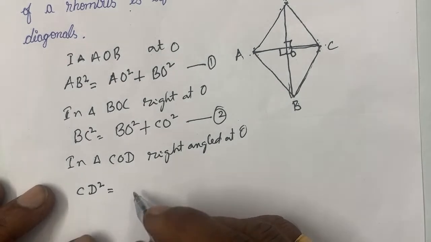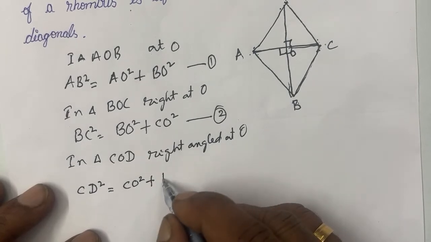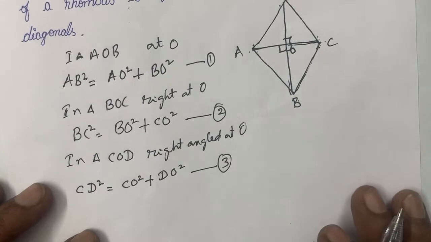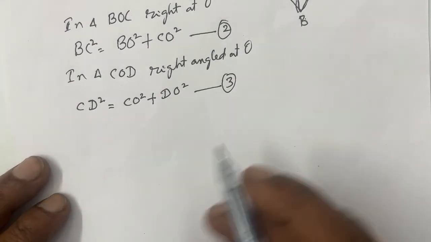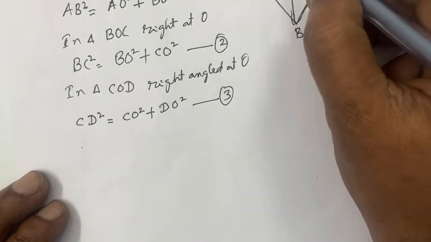So CD square is equal to CO square plus DO square. This is equation 3.